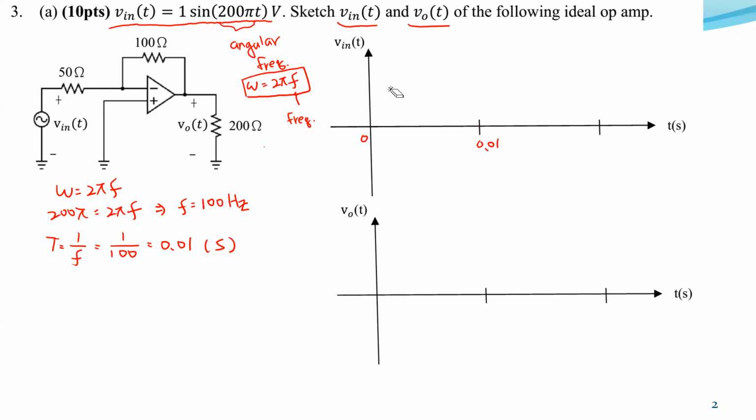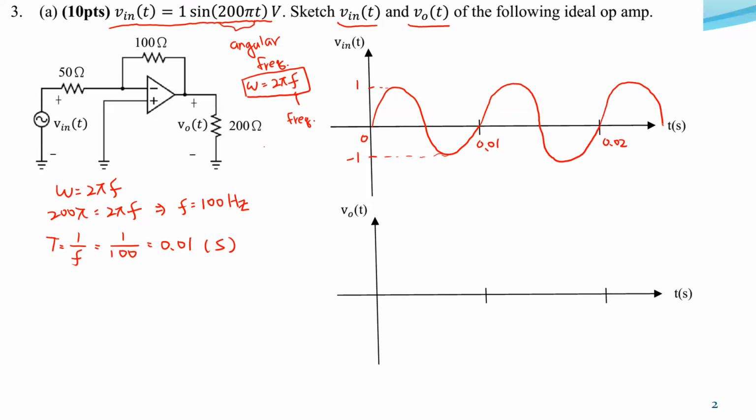So the peak is 1, and this is -1. And because it's a sine, we have another sine function here. And this is 0.02 seconds. And then this is another sine. So this is the input voltage.